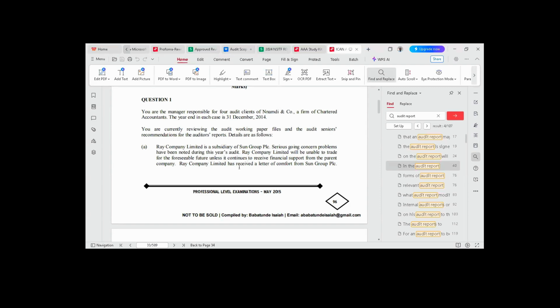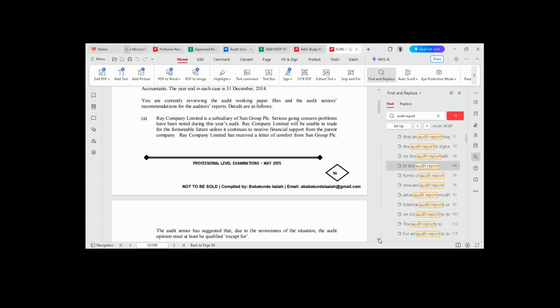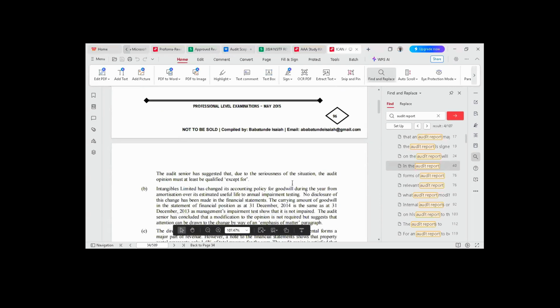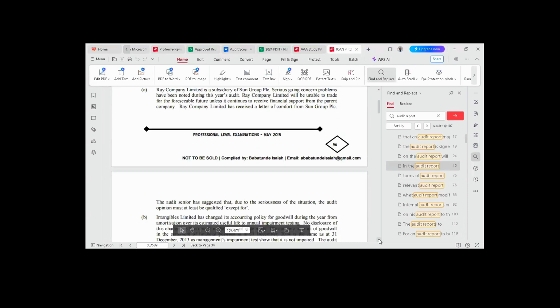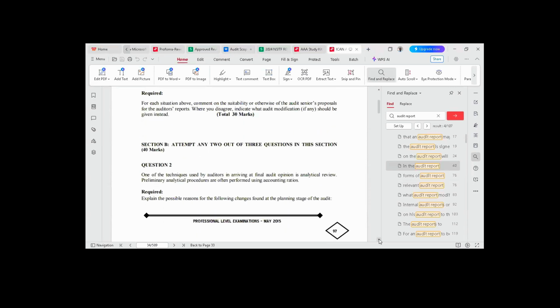So Ray Company Limited has received a letter of comfort from Sun Group PLC. That is their parent company. The letter of comfort states that they will support them in providing finances so that they can continue to trade. They said here that the audit senior's proposal was that the audit opinion must at least be a qualified except for opinion, which is not correct.